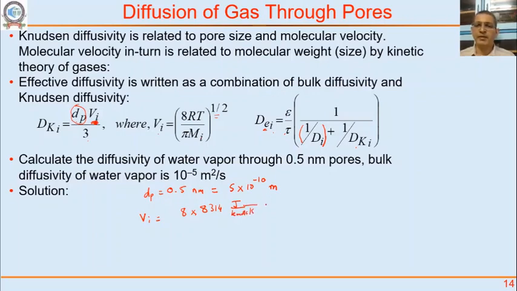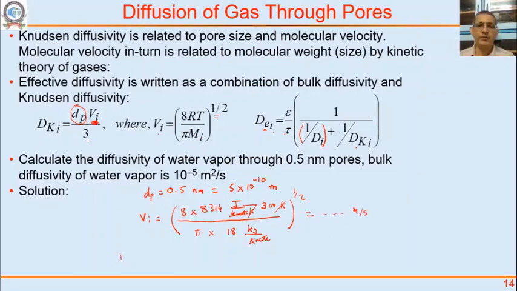Let's say water vapor is at 300 Kelvin temperature, divided by pi M, molecular weight 18. 18 what? Kilograms per kilomole. Square root of this. So Kelvin will cancel, kilomole will cancel. Okay. Joules per kg is nothing but meter square per second square. Square root of that. So you will get velocity in meter per second.